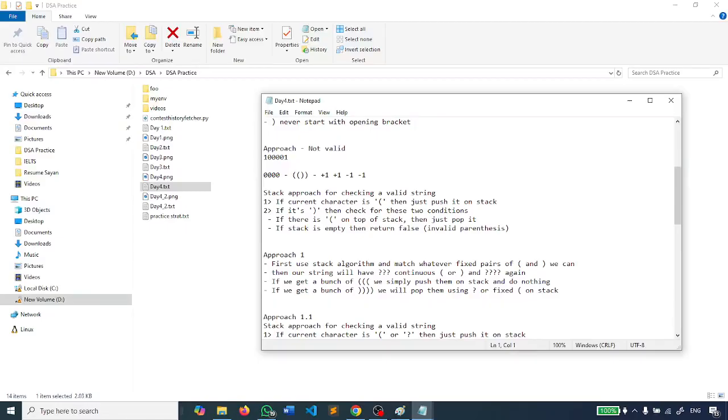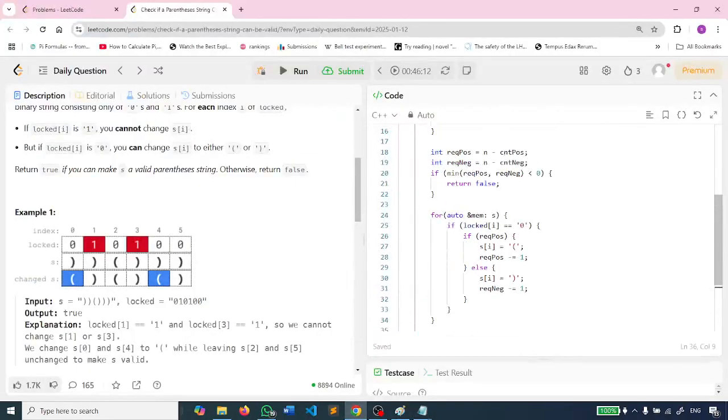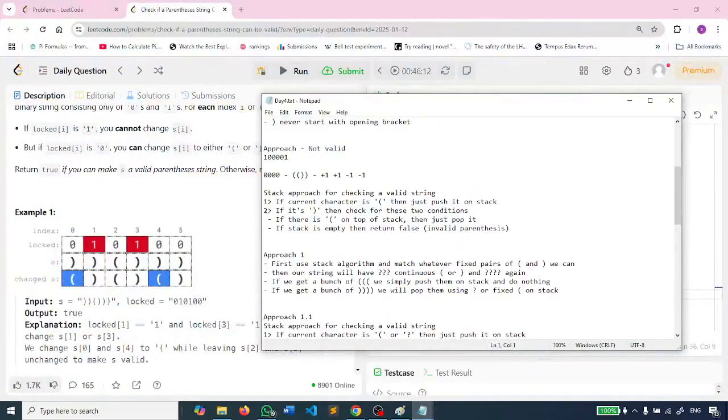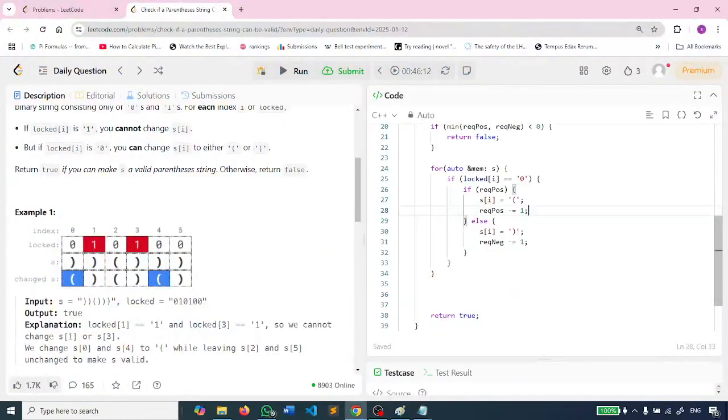If the stack is empty, then return false, which means invalid parenthesis. So we'll just strictly implement what is written here. So let's take a stack, vector of character, stk, short for stack, and for auto ampersand name, yes.